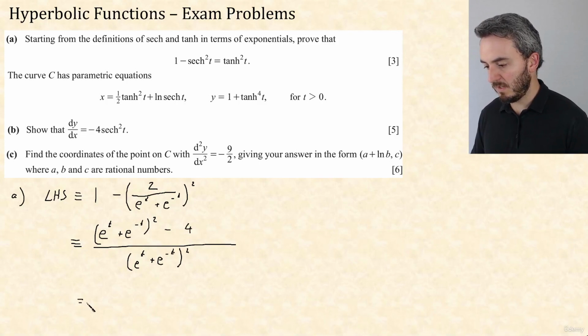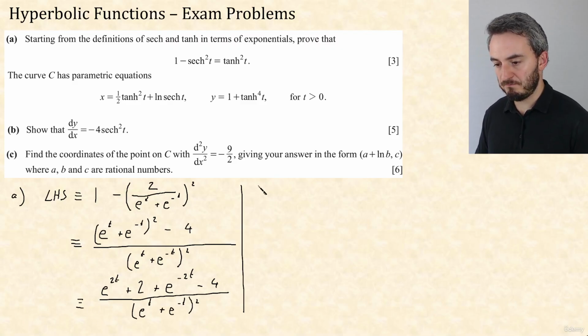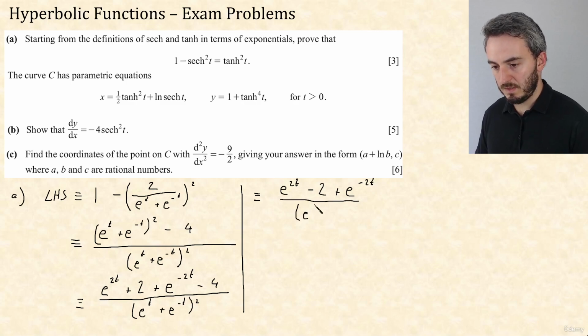Okay, expanding that numerator, I'm going to get e to the 2t plus 2 plus e to the minus 2t minus 4, all over e to the t plus e to the minus t all squared. Continuing over here, that gives me e to the 2t minus 2 plus e to the minus 2t all over e to the t plus e to the minus t squared.